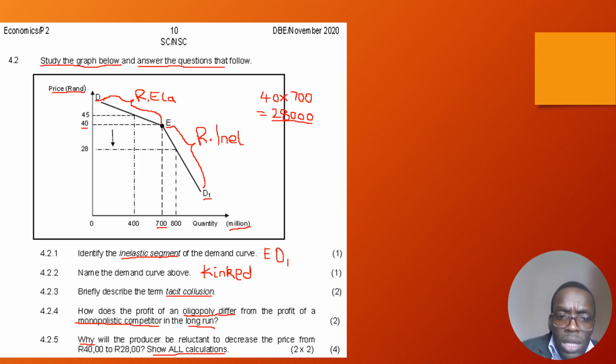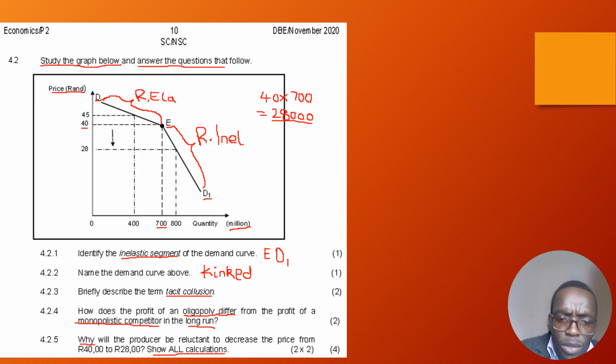So if it was at 40, then they are going to sell 700 units, and they would make 28,000 rands. That's the amount of money that they are going to make.